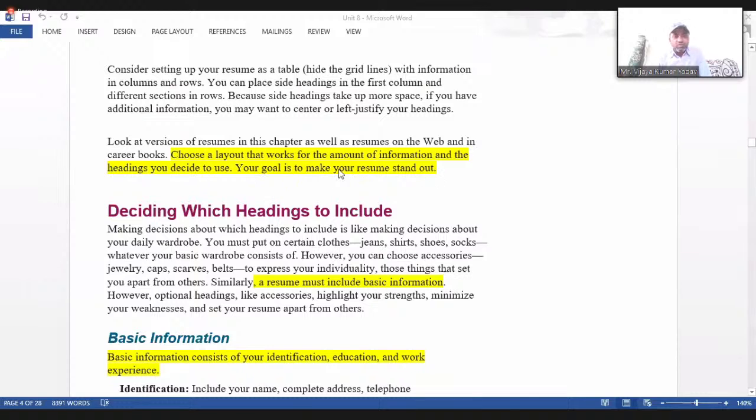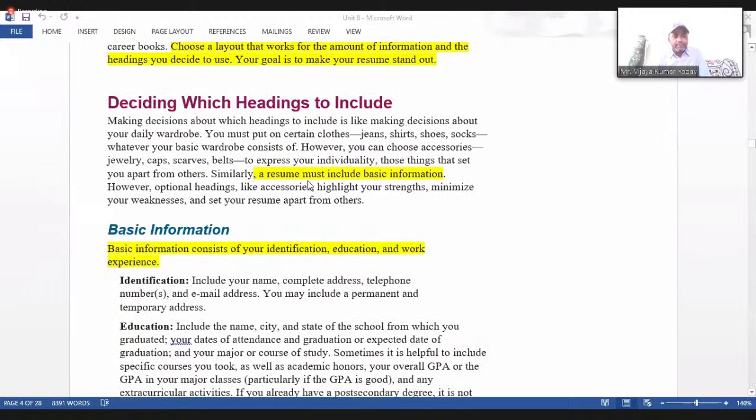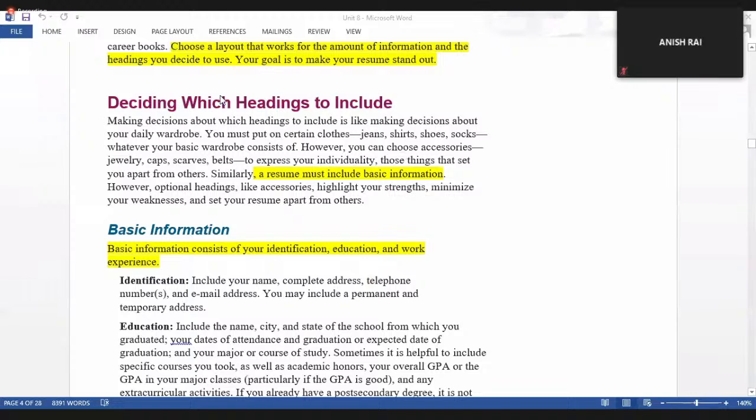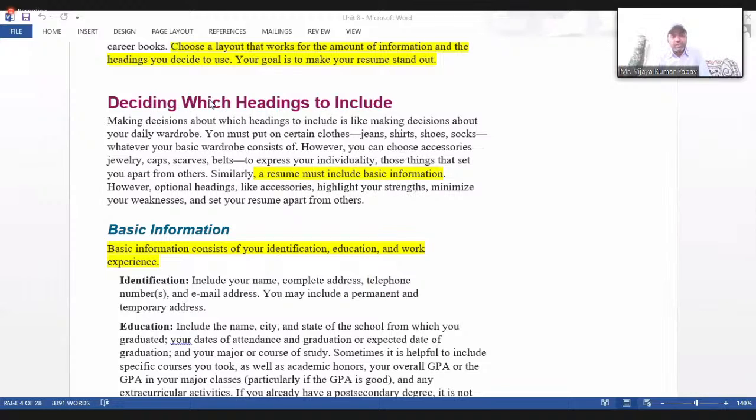So choose a layout, that is, you have to write the resume in a standard, acceptable format. Okay. Your resume must include basic information. Now, deciding which headings to include. What are the things you are going to include in the resume? So your resume must include basic information.